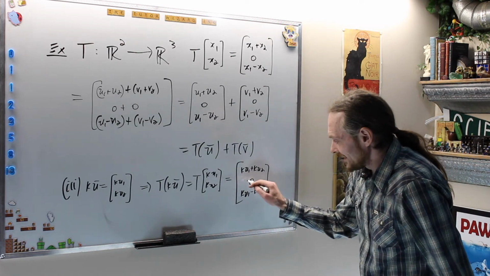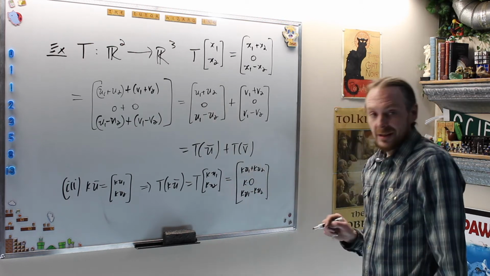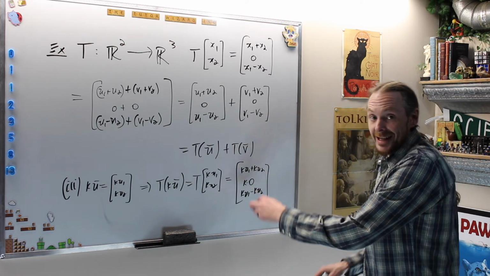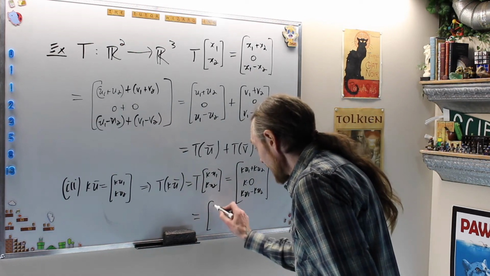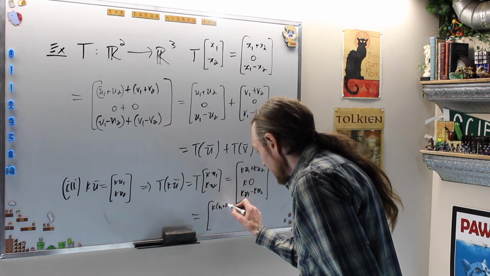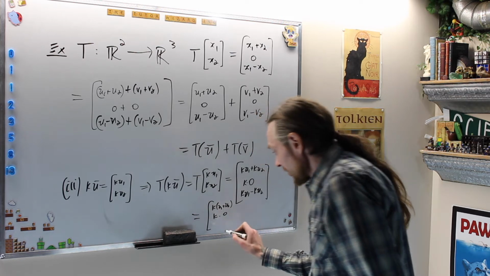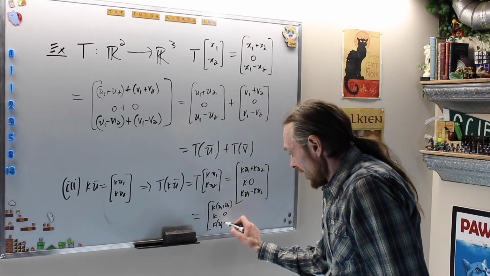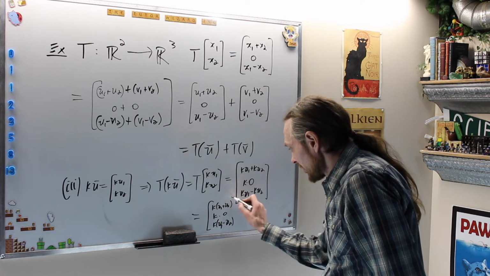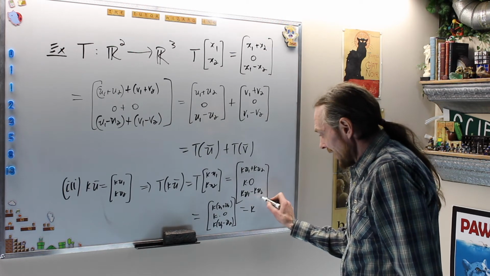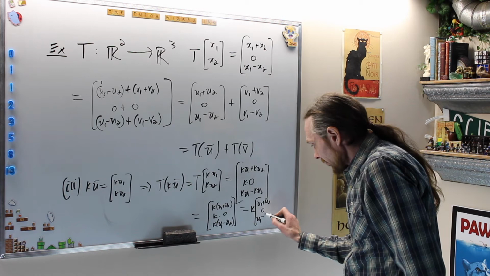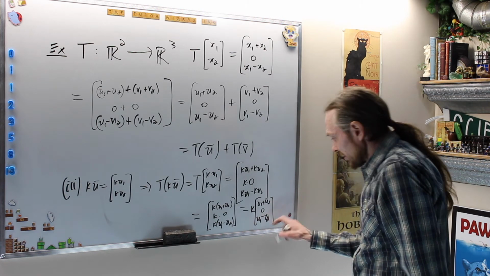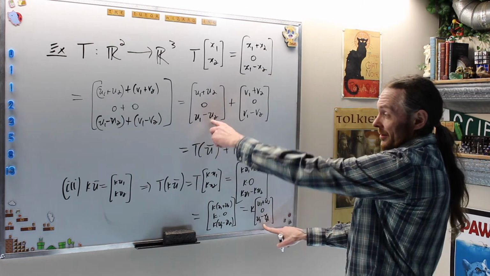And what you have to see is in reverse. Can I pull k out of each of those? Yes, because 0 is k times 0. So I'm going to write that as (k times (u1 plus u2), k times 0, k times (u1 minus u2)), which is equal to k times (u1 plus u2, 0, u1 minus u2), which is what? T of u.